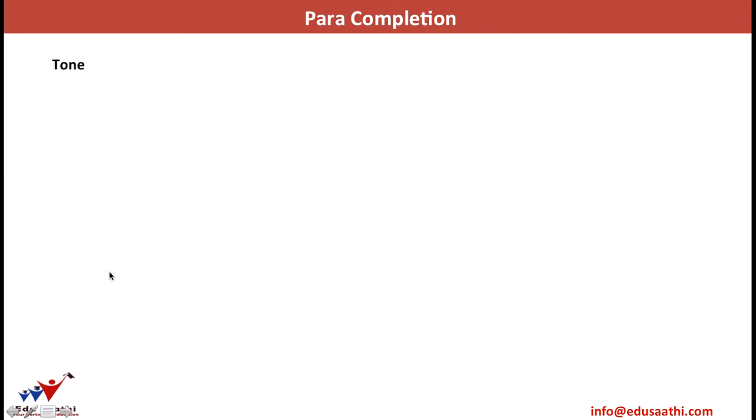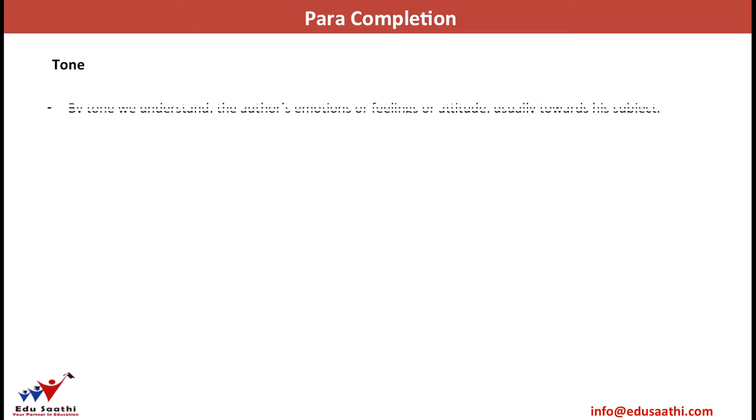Now, this is a very, very important rule: to check the tone or the theme of the passage. Obviously, the author who has written the passage had some basic essence behind writing it.